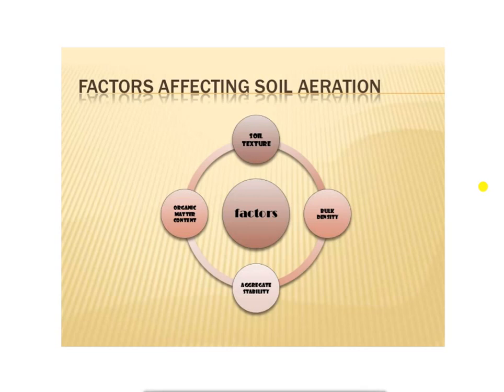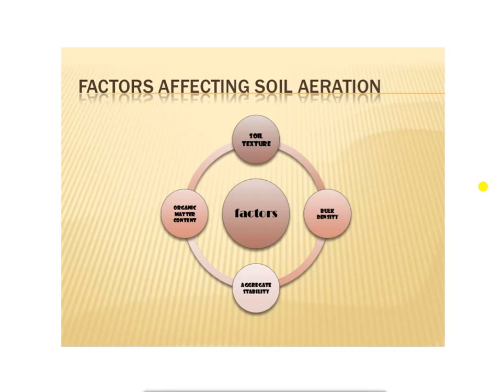So we have to see how soil texture affects soil aeration. When there is a fine soil texture, there is well aerated soil. Exchange of gases between soil air and atmospheric air becomes rapid. So it is called a well aerated soil.